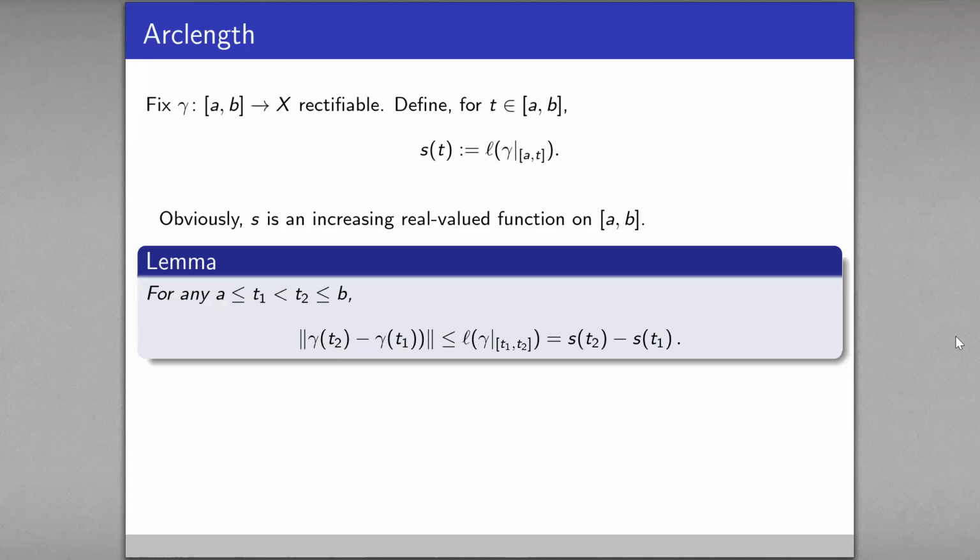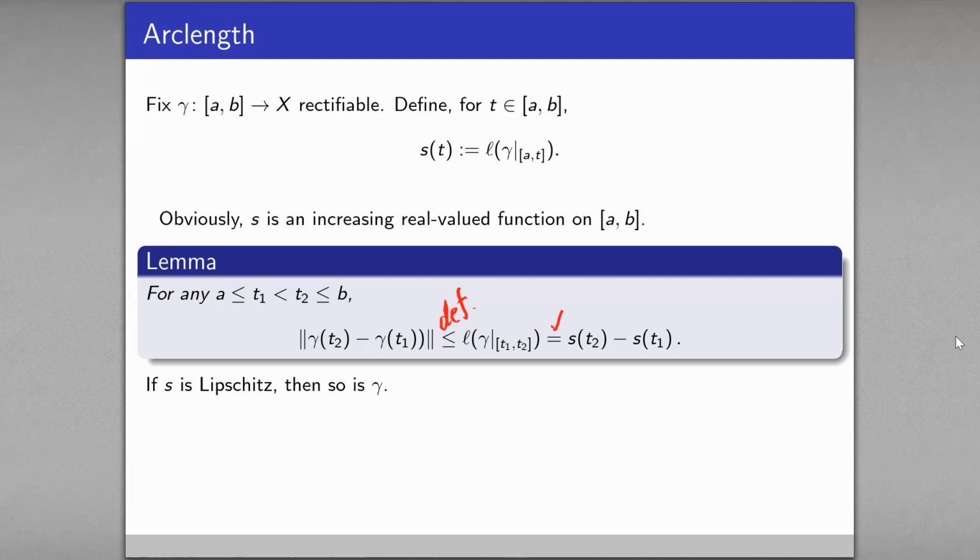Okay, the key lemma is that the distance between two values along the curve is less than the length between them. This is a definition of length, right? You take again the 2-point partition, and this is also pretty much how s is defined. So this is not a too deep lemma, but it has important consequences.